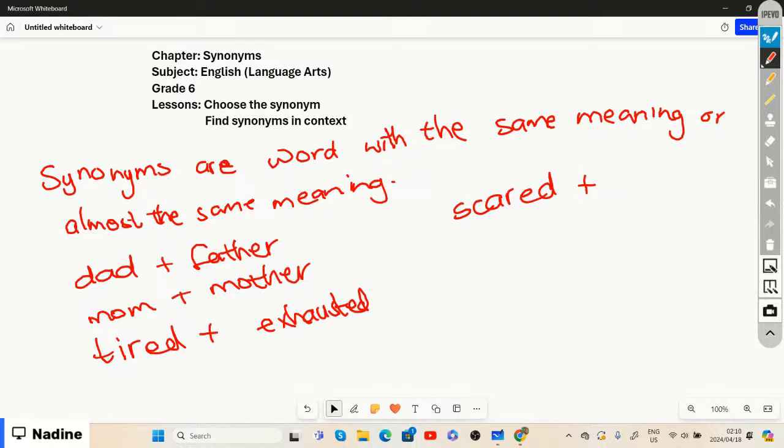If you are scared of something, like maybe scared of a dog, what is another word that is the same as being scared of something?